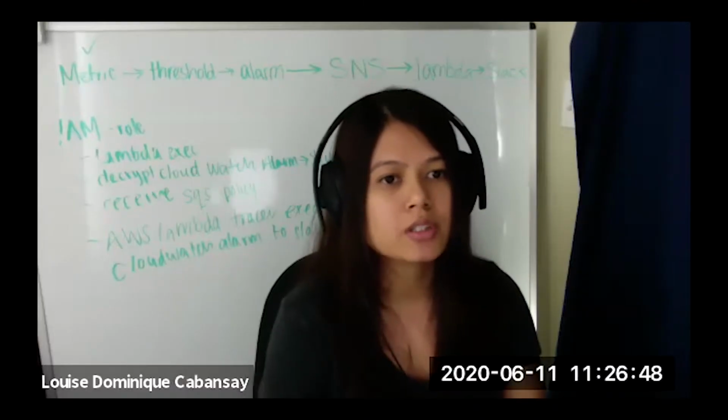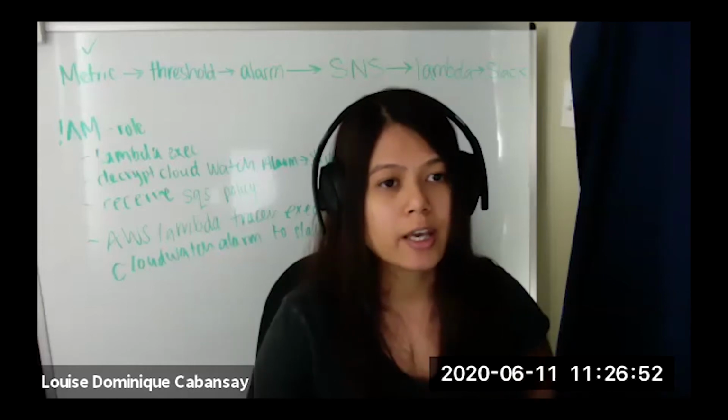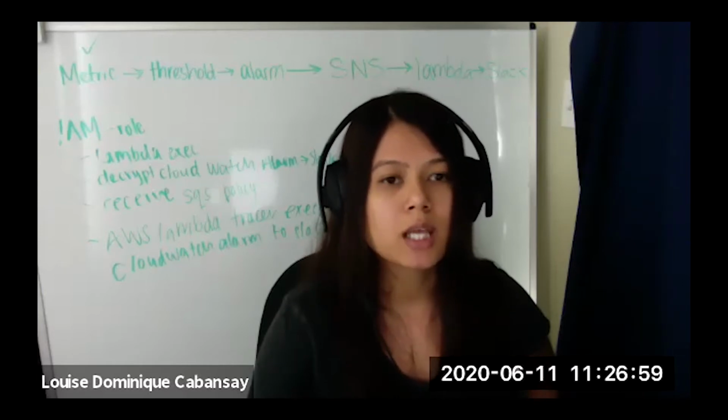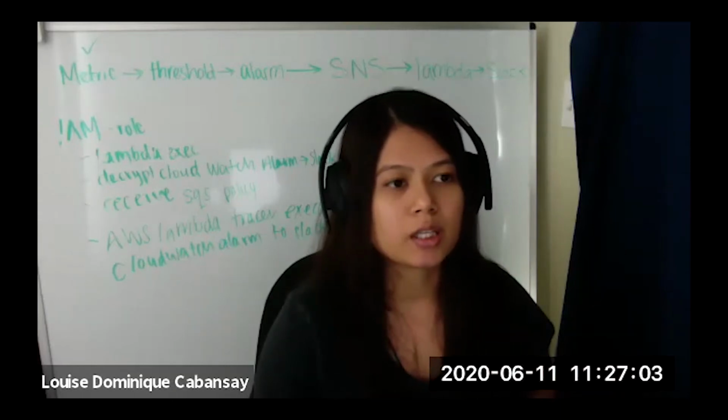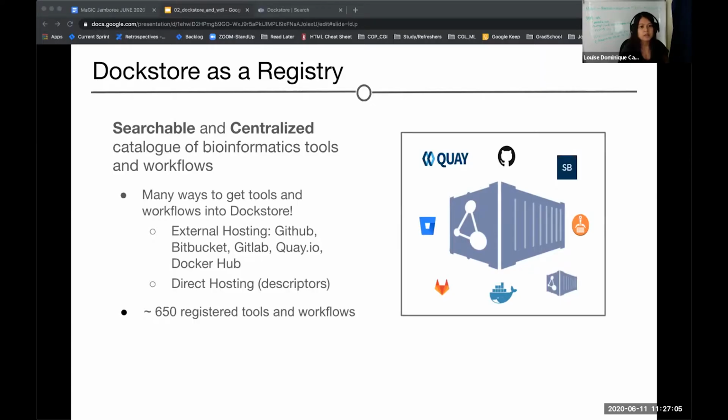So all these resources, wherever they might live on the internet, and these repositories are aggregated together on Dockstore to form a centralized library that leads to a better user experience and functionality. Currently, we have about 650 workflows and tools registered on Dockstore, and these come from all over the research community.